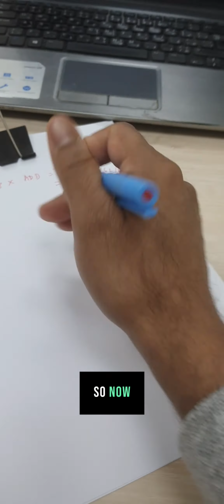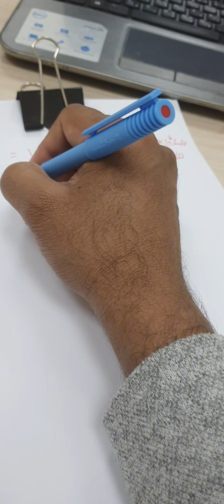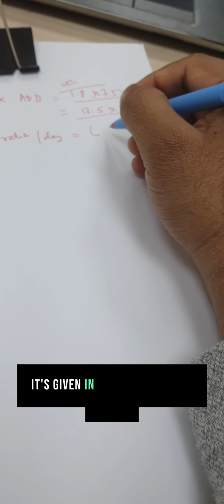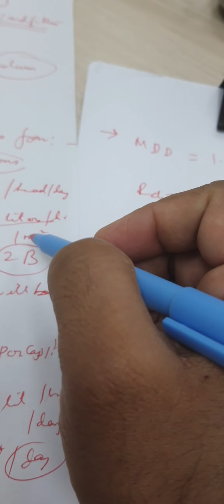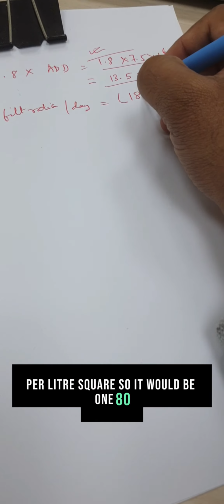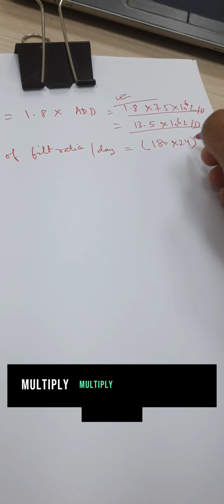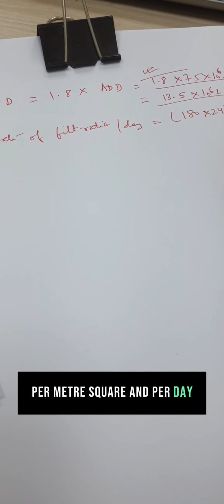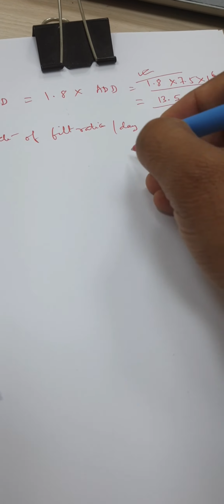So now the rate of filtration per day: it's given as 180 liters per hour per meter square, so it would be 180 multiplied by 24, in liters per meter square per day, because we need it in liters per day.